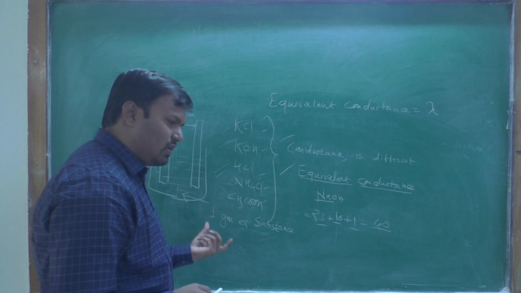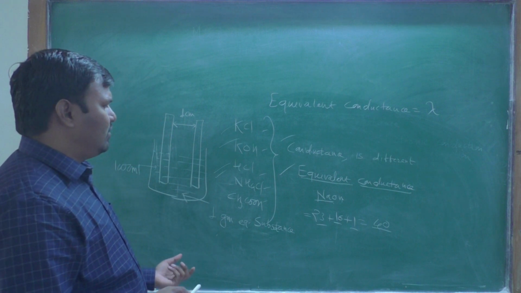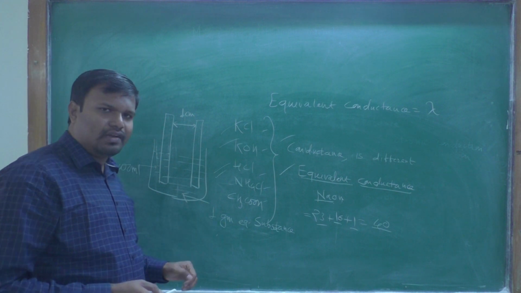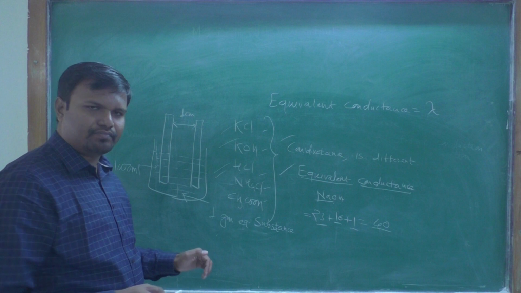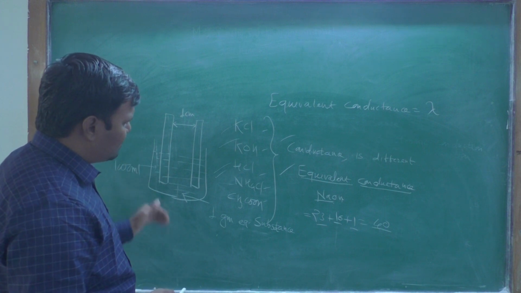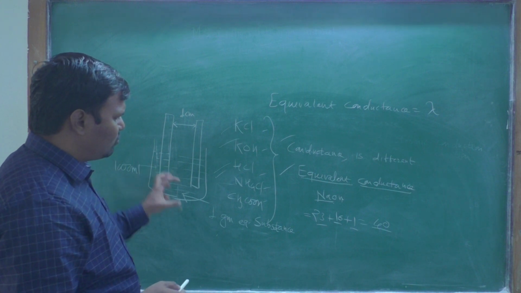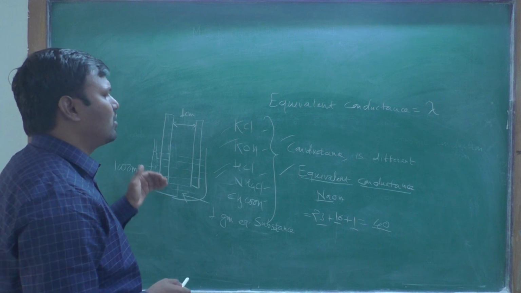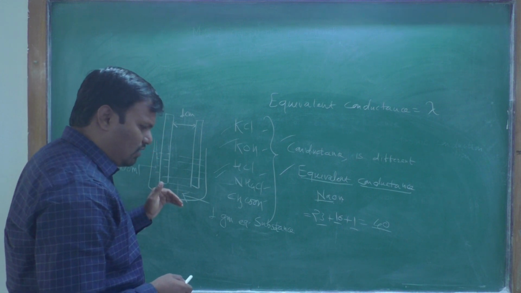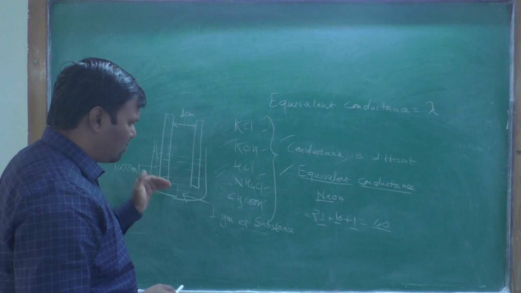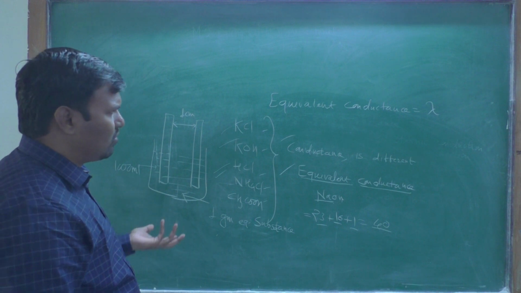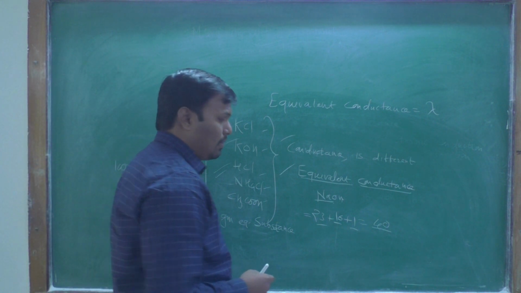We take that equivalent weight of the electrolyte in a particular volume, and the conductance due to that 1 gram equivalent substance is what we call the equivalent conductance.